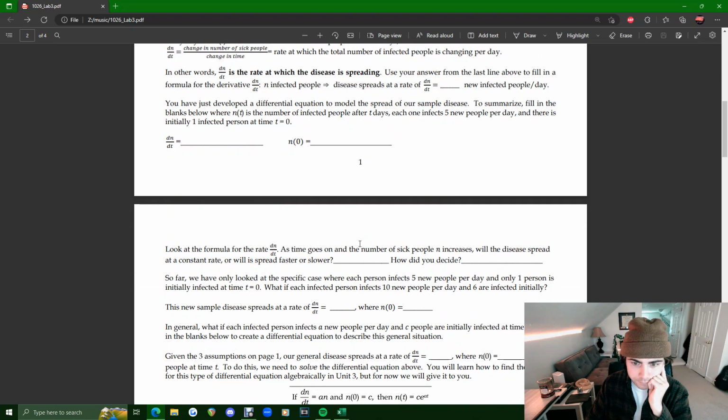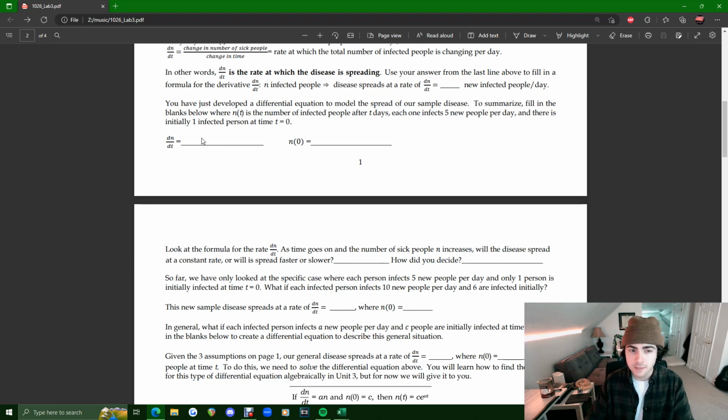Look at the formula. As time goes on, will the disease spread at a constant rate, or will it spread faster or slower? A constant rate would mean the rate of change is a constant, and to be a constant just means to be a number.